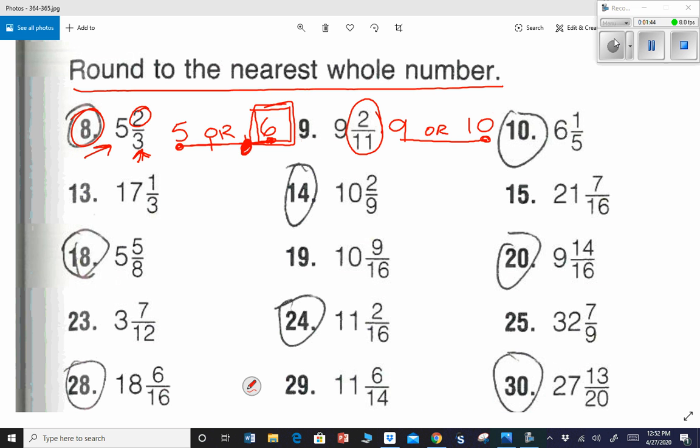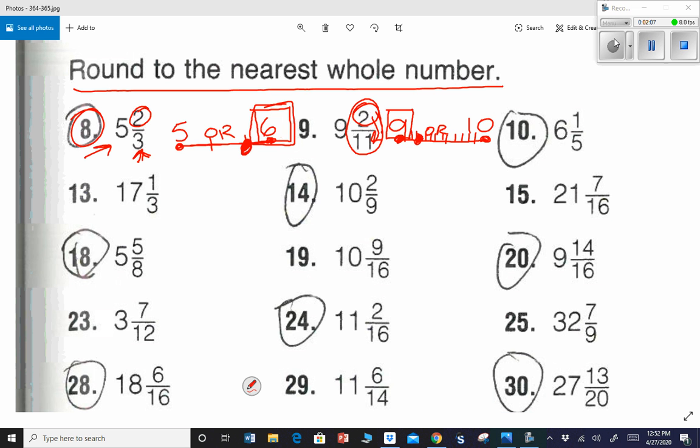So if here's our line between 9 and 10, if we divided that up into 11 spaces, and you're only getting 2 of them, that puts you right here, way closer to 9 than to 10. So 2 is way less than half of 11. So we round it down to the 9.